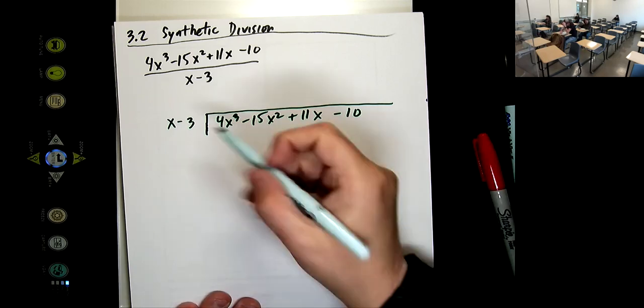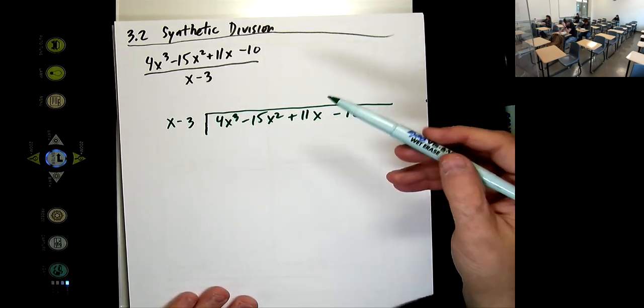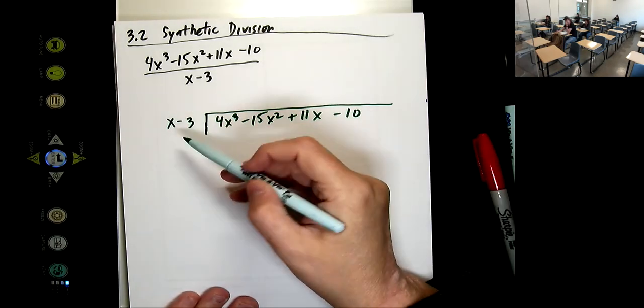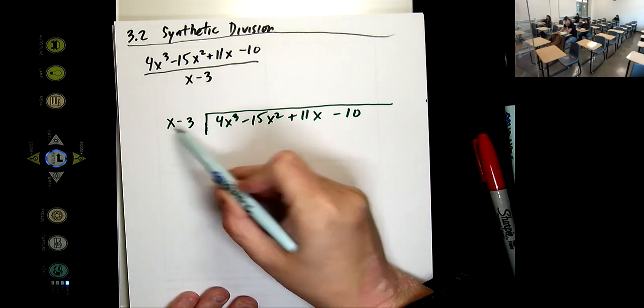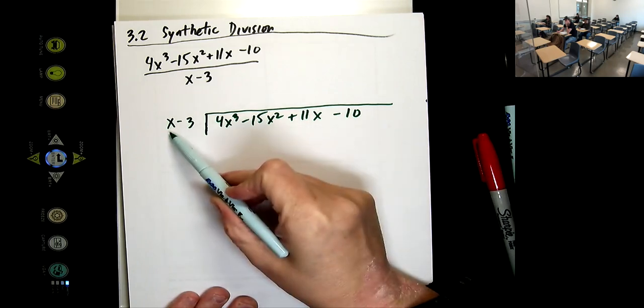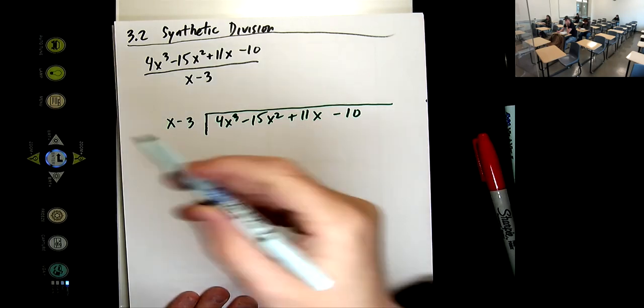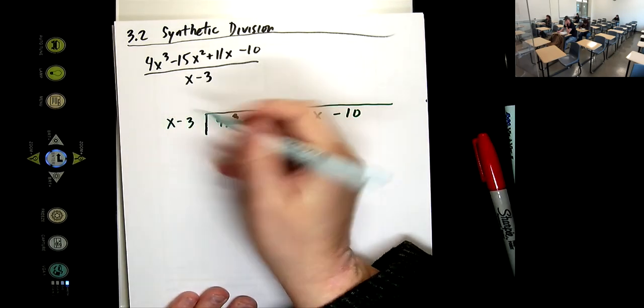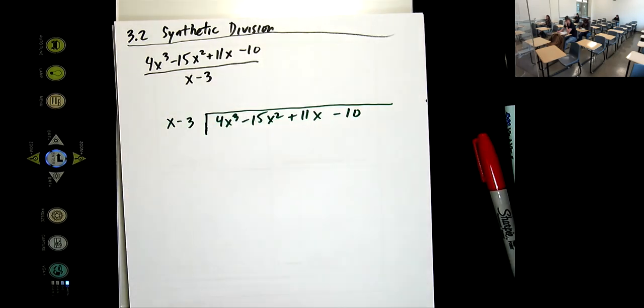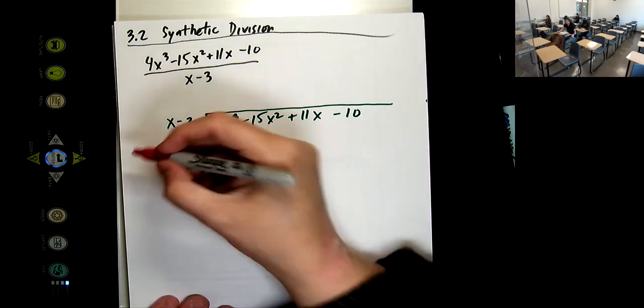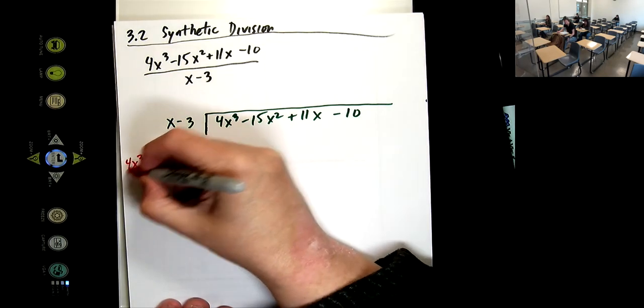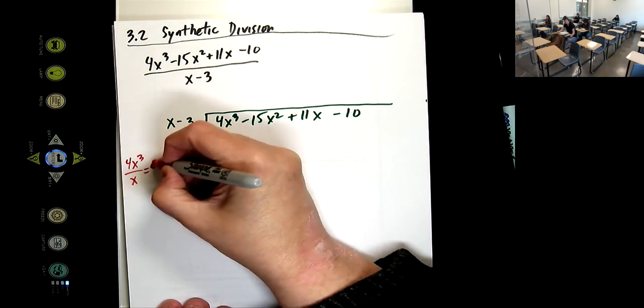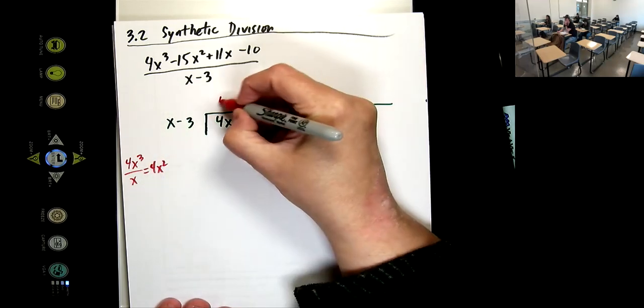So this is regular division of a polynomial. The way we do it is we see how many times x, the term in front, goes into the first term here. The easiest way to do it is just divide. 4x cubed divided by x equals 4x squared. That's what I'm going to put up here.